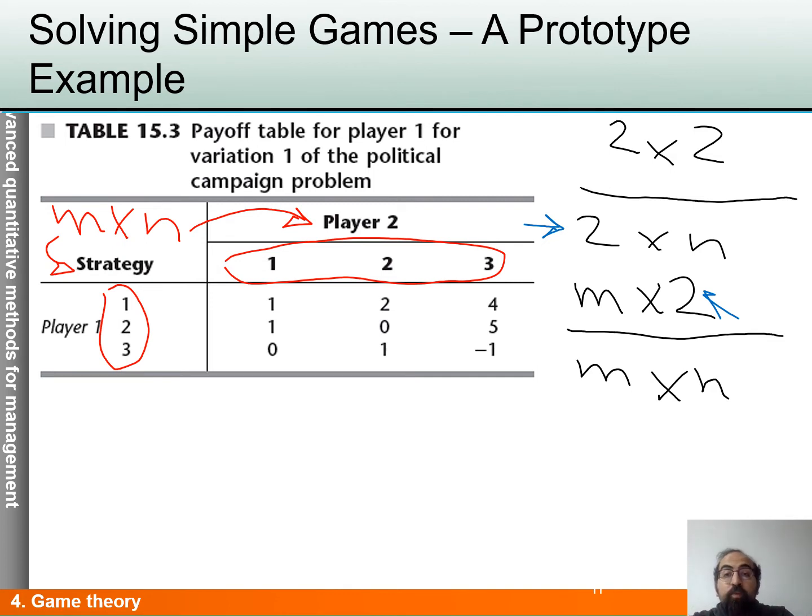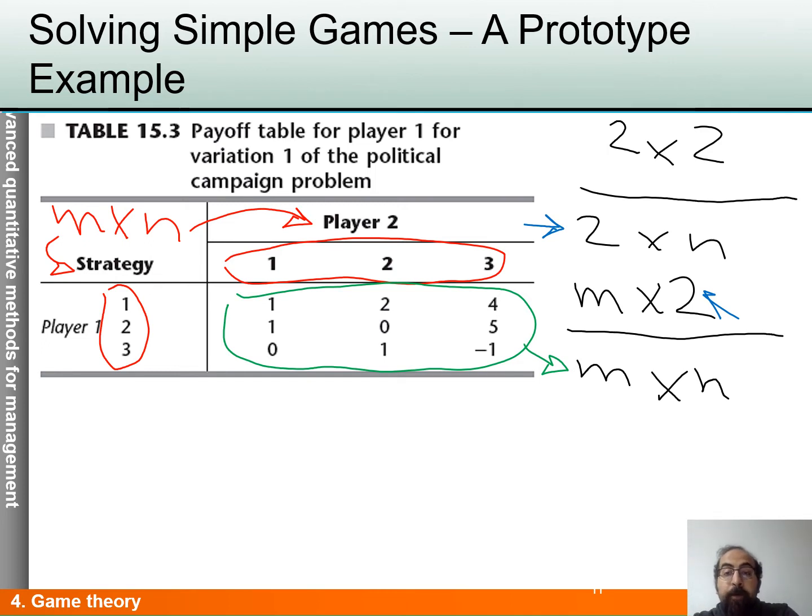Okay? What is the function of this? Imagine in this example we have a table of 3 multiplied by 3 strategies, okay? Based on what we had, this is the type m multiplied by n.